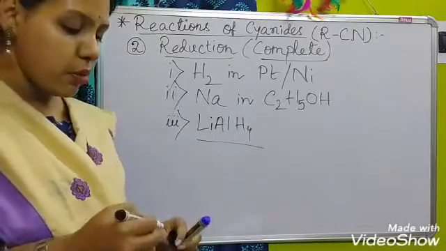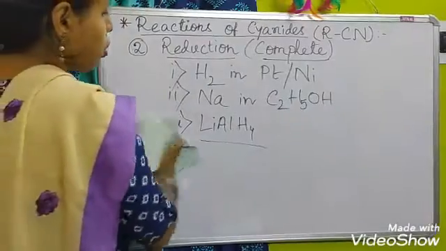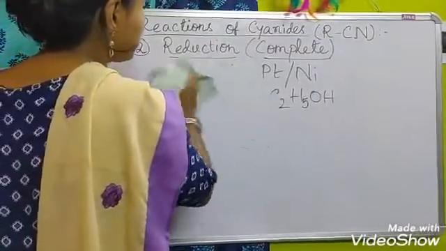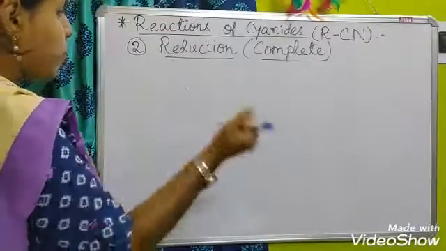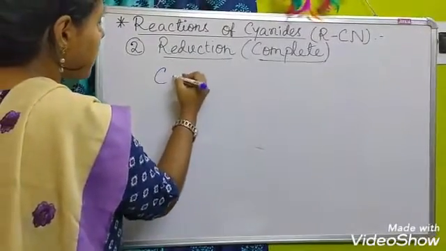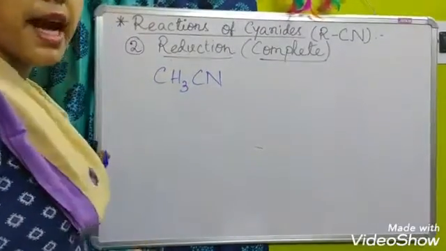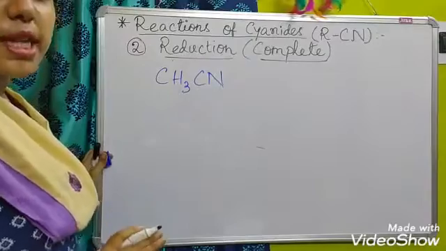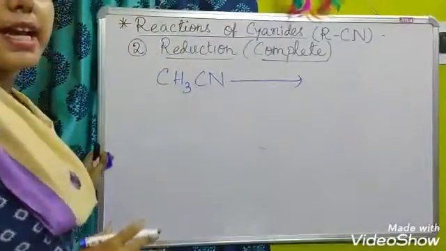Okay, so now we will see the reduction reactions. So first of all, we are using, suppose CH3CN, okay, methyl cyanide, and then I am adding here what?